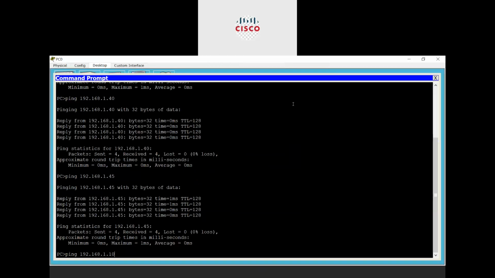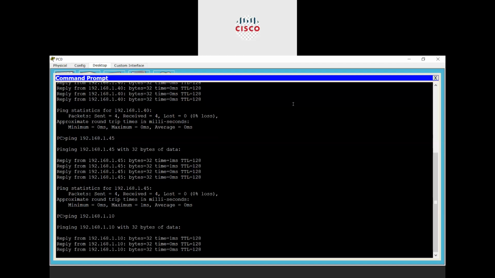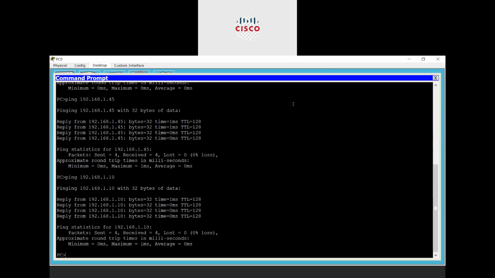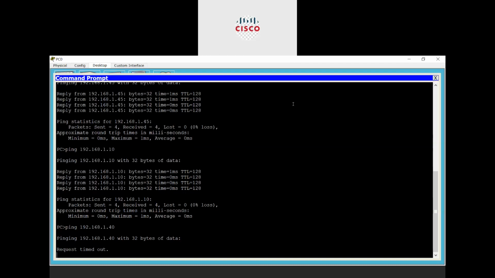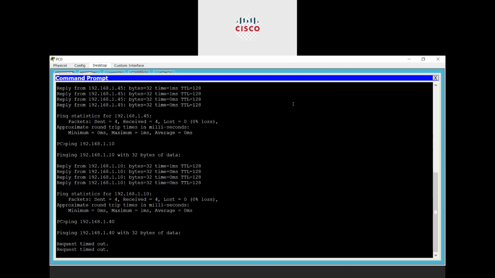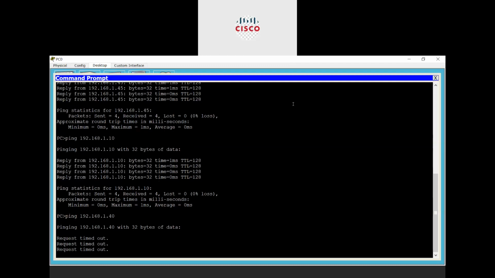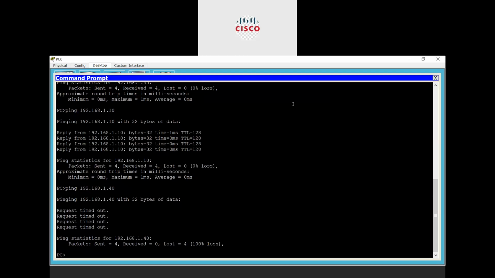If I ping 1.10, yes, 1.10 gives us a reply because these two IP addresses belong to the same subnet. What about 40? It will not, because 192.168.1.0 to 192.168.1.31 is the range of a subnet. The second subnet will start from 32 to 63. So this IP address belongs to the second subnet, and two different networks cannot communicate directly.